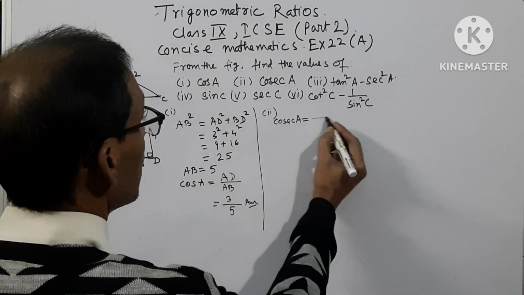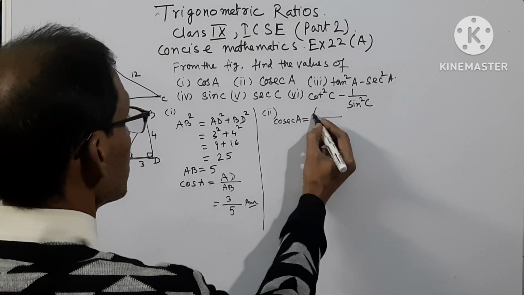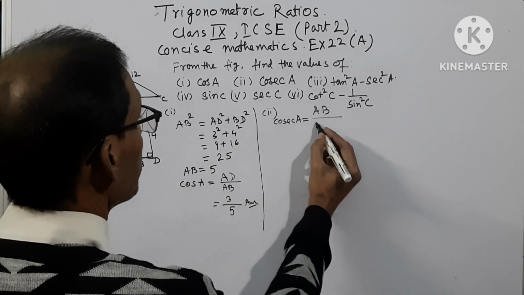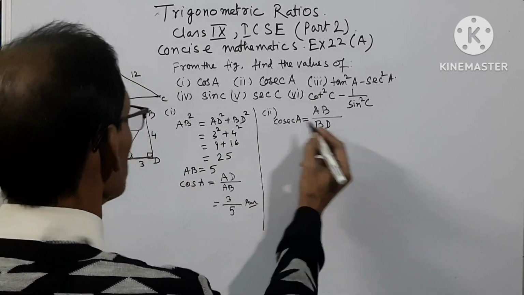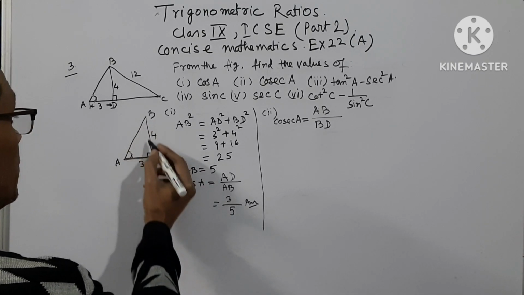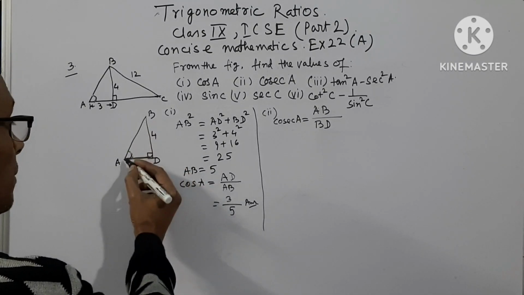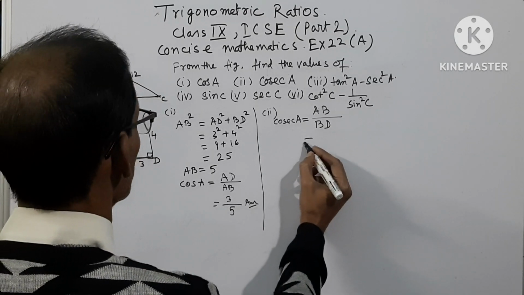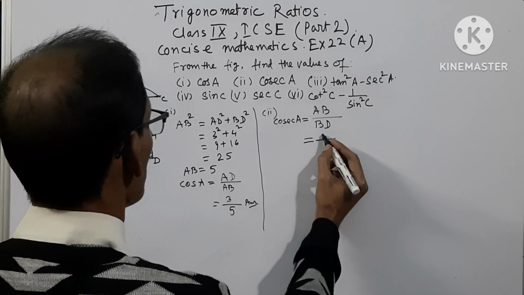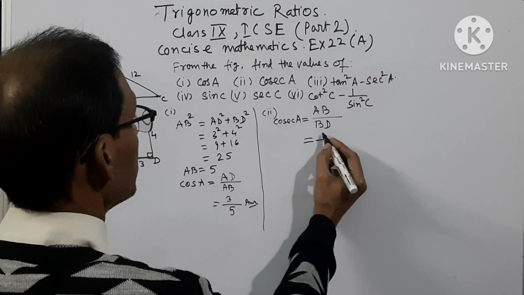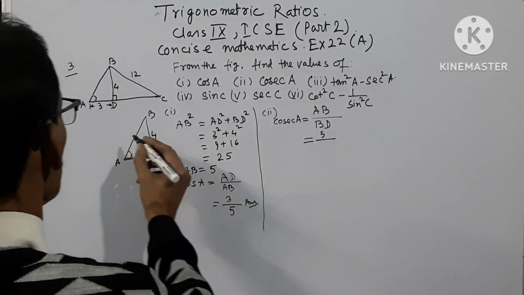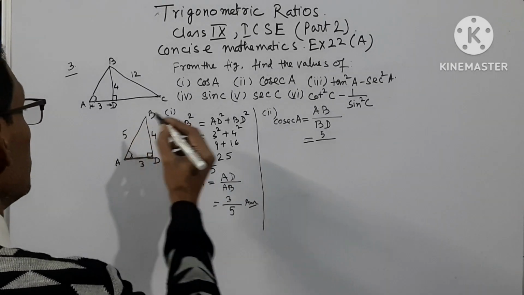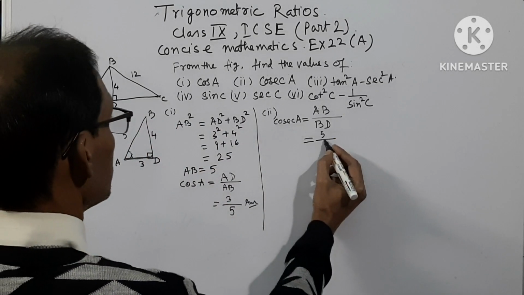So this is hypotenuse by perpendicular. So for A, BD is the perpendicular and AB is always the hypotenuse. So cosec A equals 5, because this you have found, this is 5, so 5 by 4.